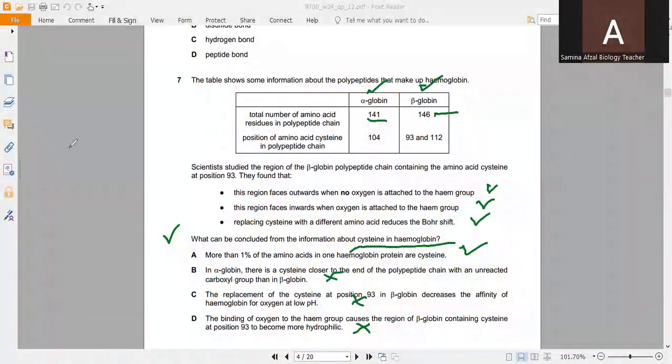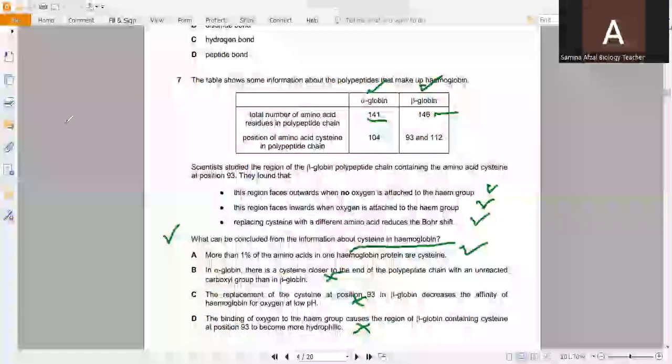So according to this, replacing it lessens the pH effect. So we can see that this is not the correct option. Only A is the correct option in this case.